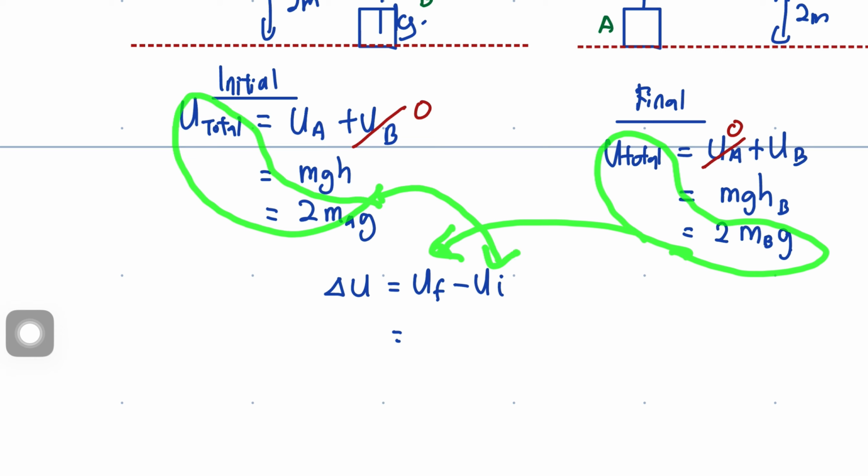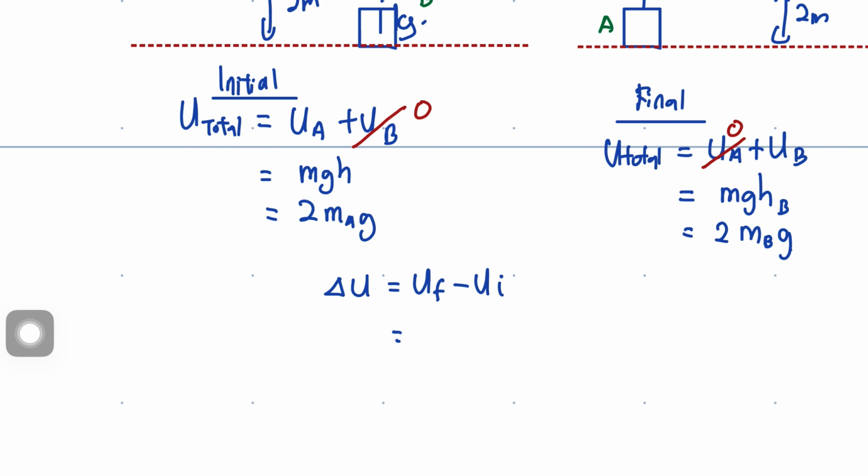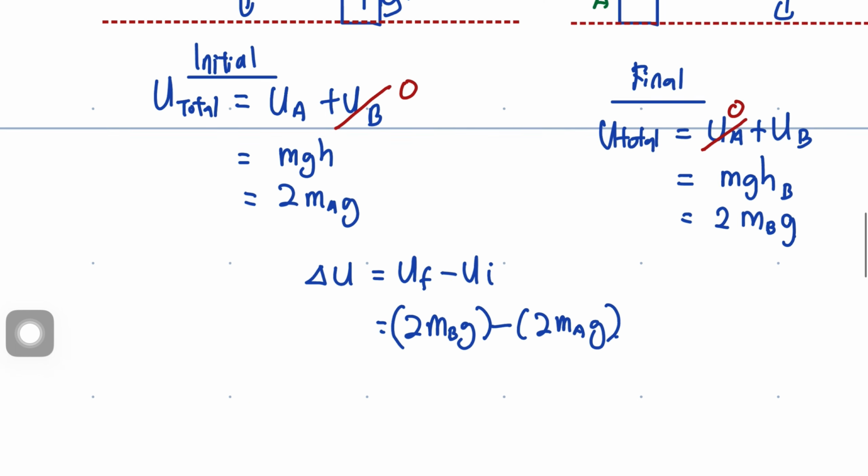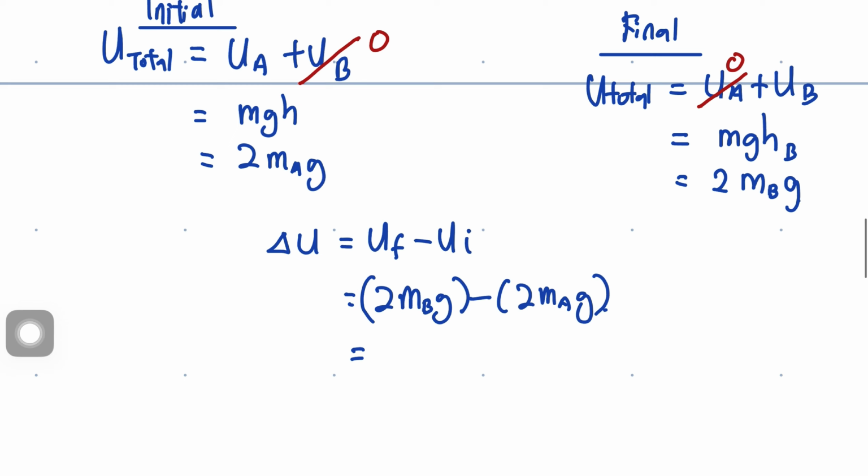So U final total will be 2 mB g minus the initial, 2 mA g. Since this is 2 and this is g, the same thing, I can factorize 2g, so you will end up with mB minus mA.